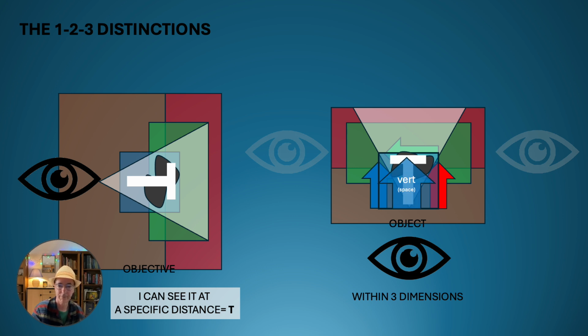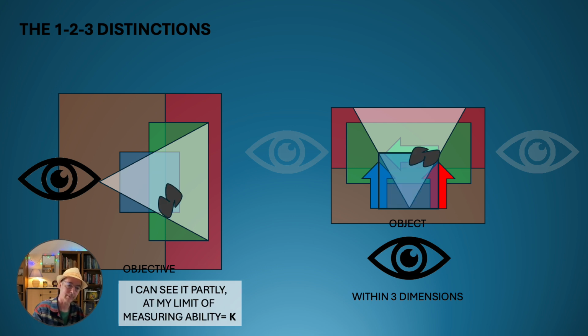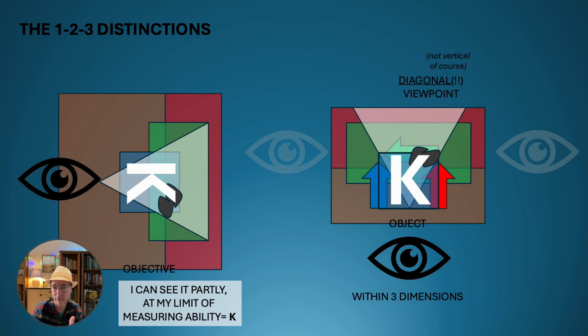The vertical from space. When it's even further away, it's a bit at the edge of my understanding of what I can see. I can hardly see the limits, how much I can still measure it and limit it. Then you need, of course, the diagonal, and that's the letter K. You can even recognize in the letter that it is using the vertical viewpoint.